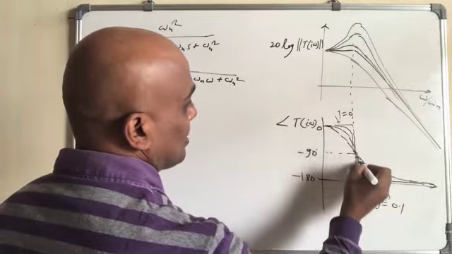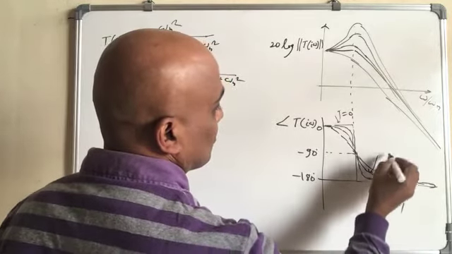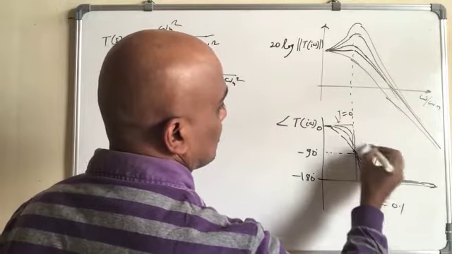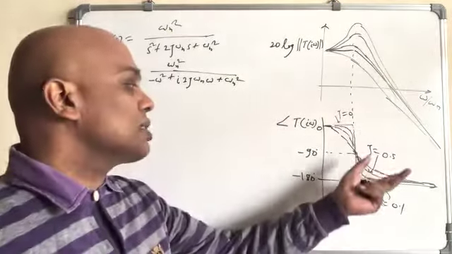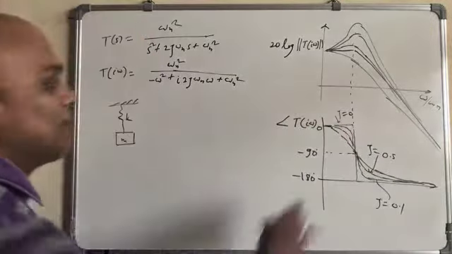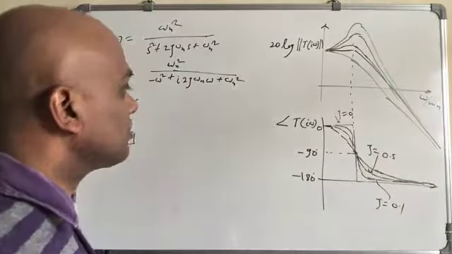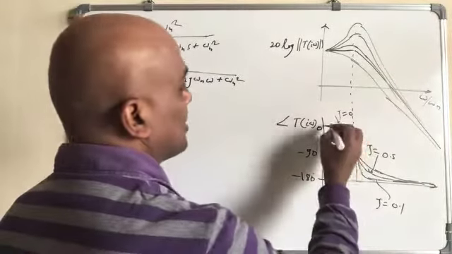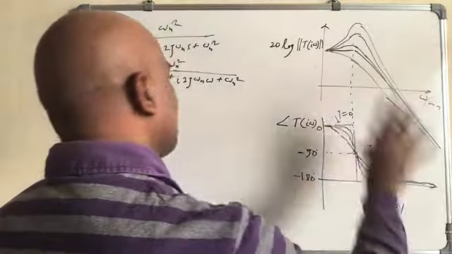This will be, let us say, zeta equal to 0.5 and so on. So here the idea is to know that for different zeta you have different curves. That's important to note. Yesterday I plotted just only one, for the lack of time, so that's why I'm repeating today.